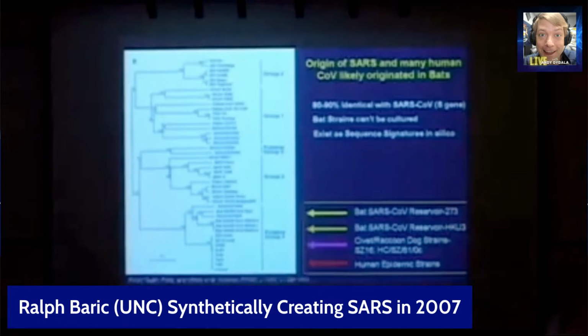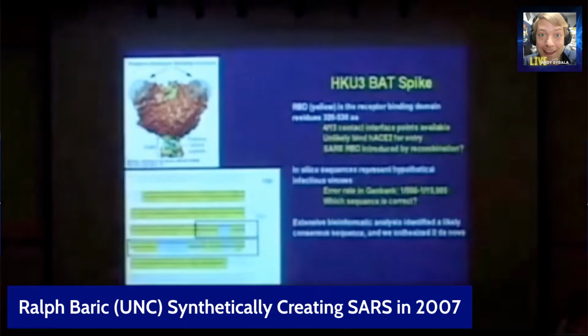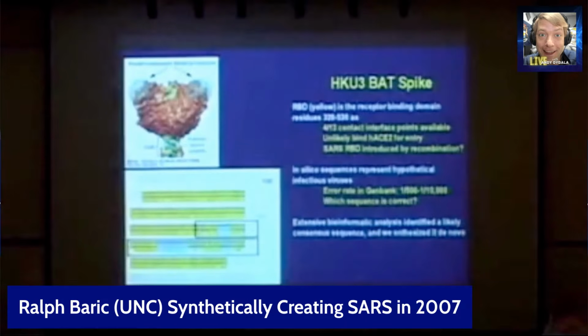So we decided we were going to synthetically resurrect the entire virus. Now, before we started, it's important to note, this is a cryo-EM reconstruction of the SARS glycoprotein spike. Notice that there are 3 receptor binding domains shown here with bubbles that engage the ACE2 receptor.